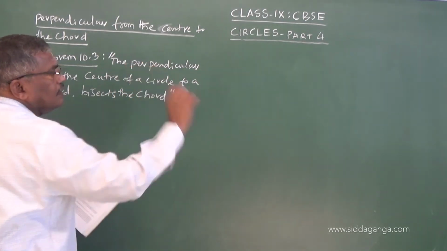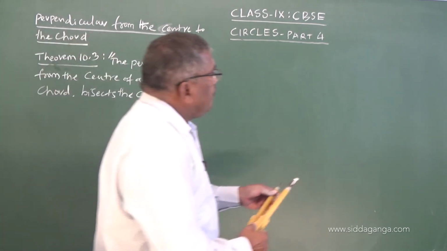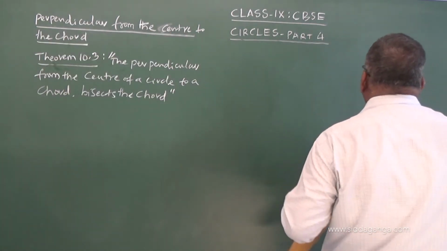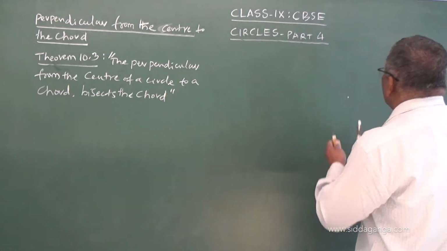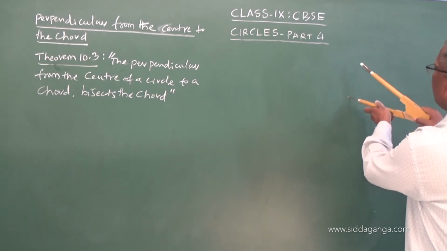So this is the statement, and this we have to prove. Now let us have a circle. Let us understand the given data and what is to be proved.